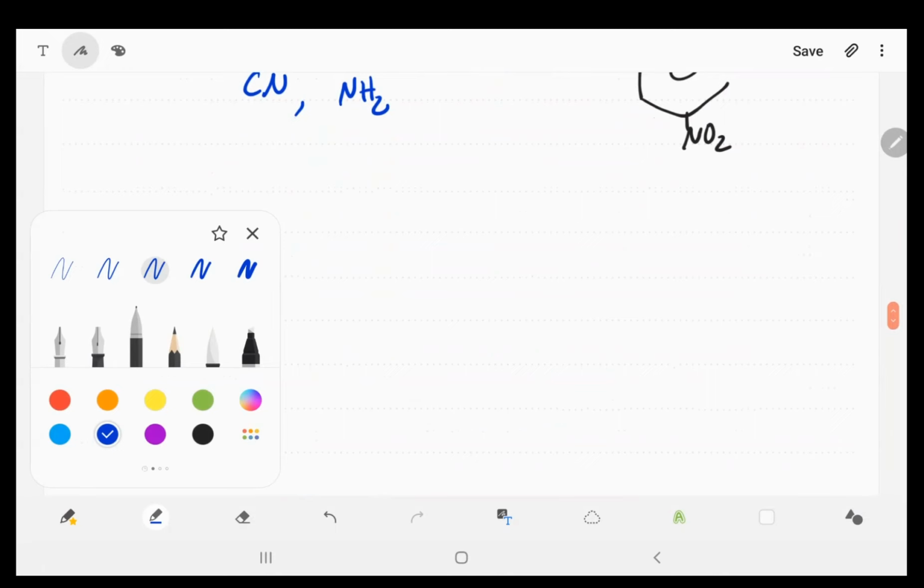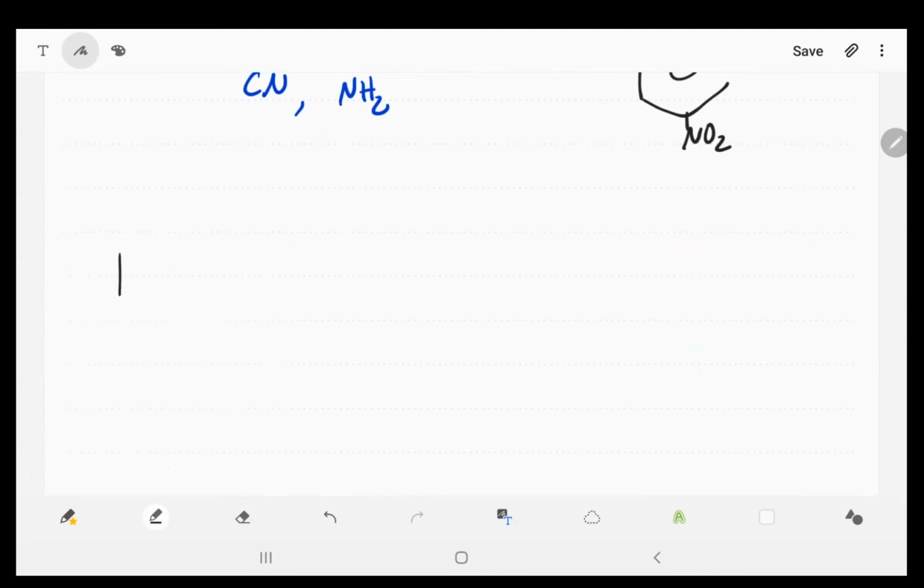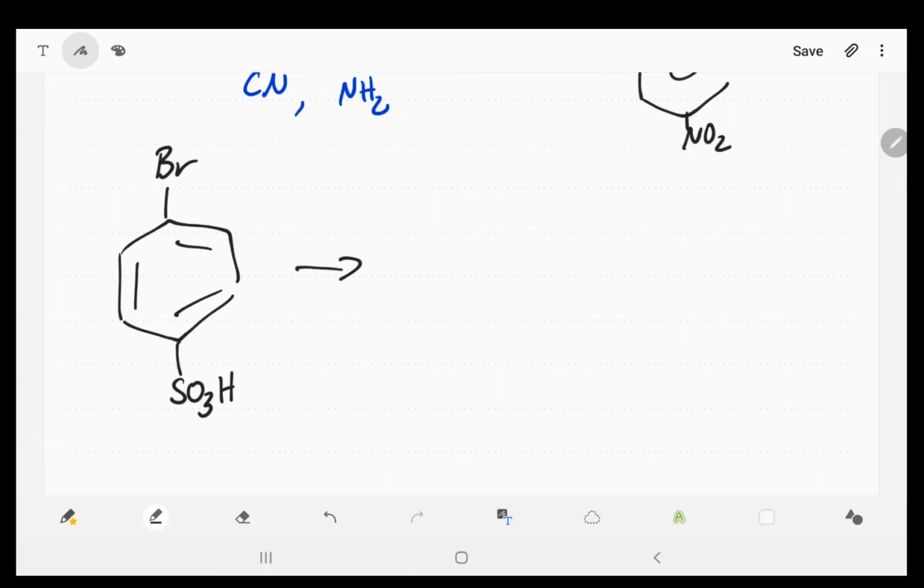So let's say we have... Actually, this is a bad one because it's pretty... let's just do the nitro. Or no, we'll do this. There we go. Slightly different. Why not? Let's put on a different nucleophile too.